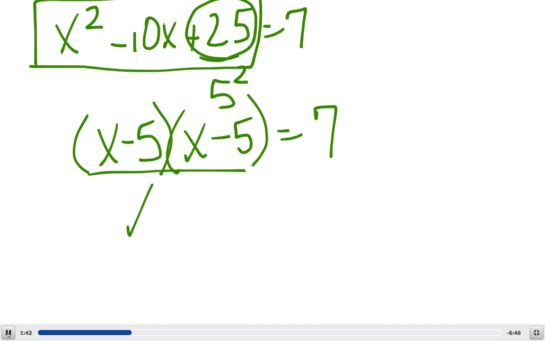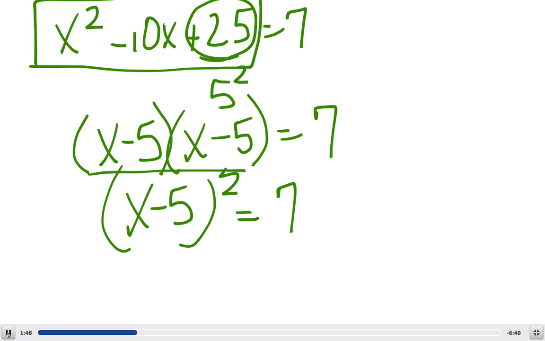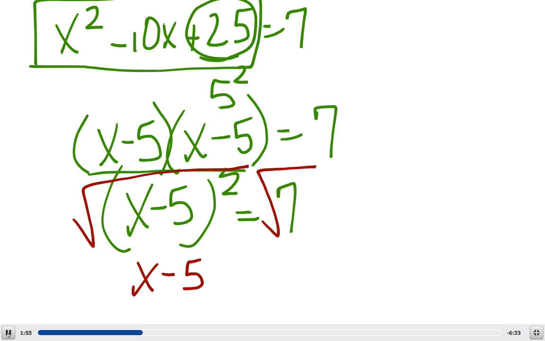Well, these two can be rewritten as x minus 5 squared is equal to 7. Now, all I need to do is take the square root of each side, and so I am left with x minus 5 is equal to plus or minus the square root of 7. Now I can solve for my 2 roots.